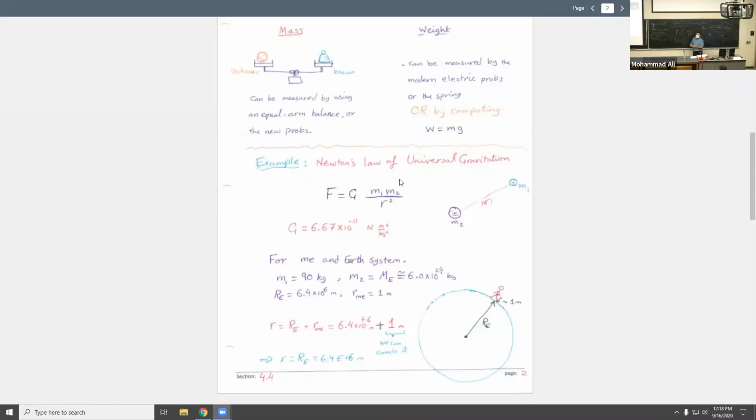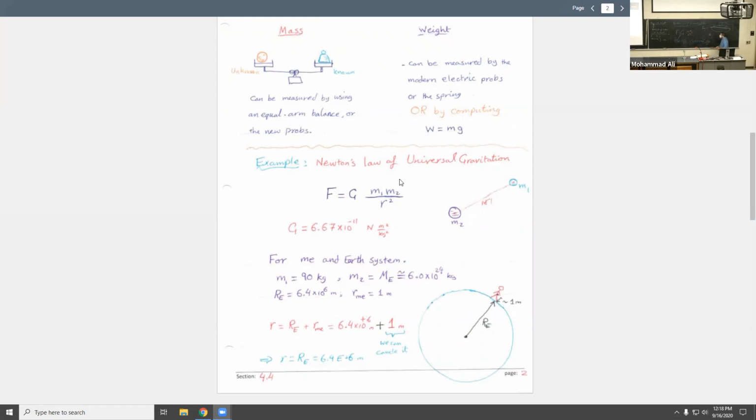The constant of proportionality, to remove the proportionality sign and put an equal sign, they found by experiment, equal to G. G is a universal constant which is equal to 6.67 multiplied by 10 to minus 11, with its unit, which is Newton meter square over kilogram square.